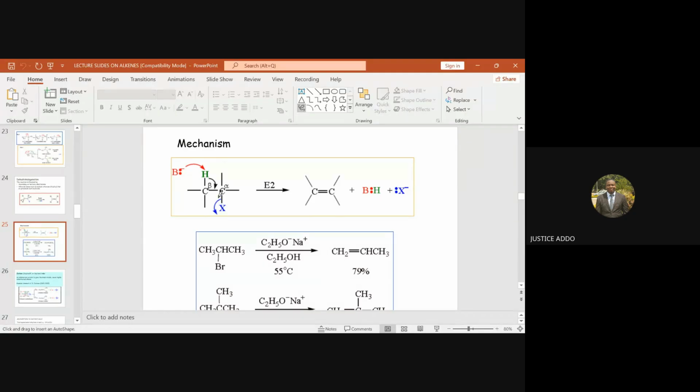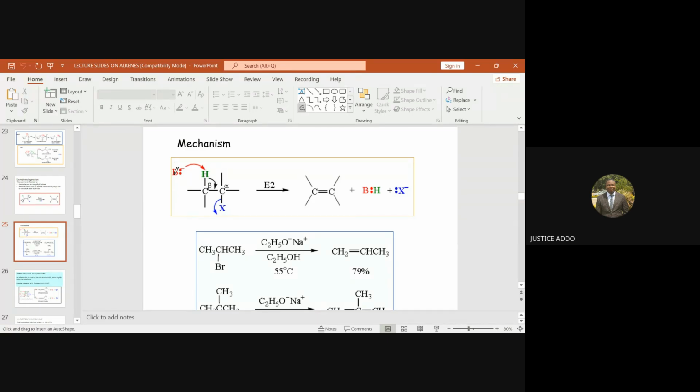So whilst they are pulling electron density to themselves, they affect the electrons in the neighboring bonds because they are all being drawn towards where the halogen is. When that happens, the carbon hydrogen bond here becomes what? Weak. And when the carbon hydrogen bond here becomes weak, it makes this hydrogen what? Acidic, meaning it can easily be ionized.